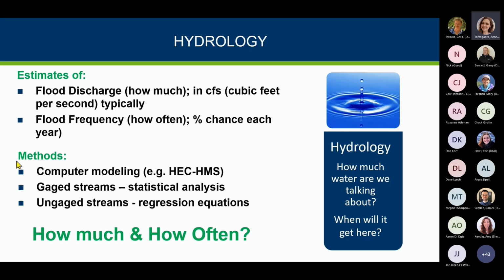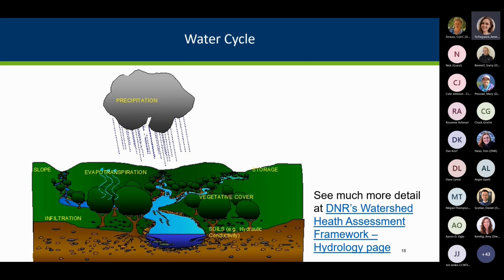There are various ways to study and predict hydrology of rivers and lakes. Some common methods include computer modeling, stream gauging, and using regression equations. Engineers and hydrologists use these different methods to predict how much water is in a stream or lake during a flood event and how often these flood events occur. So think about the water cycle that you probably learned about way back in the day in school.